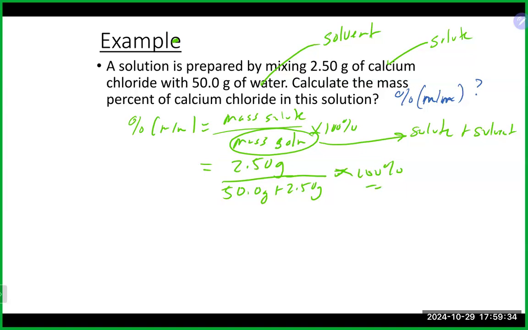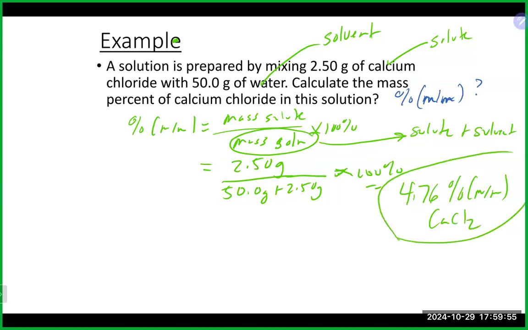So basically 52.5 we're dividing by. So 2.5 divided by 52.5 times 100% gives us 4.76% M/M, and you could put calcium chloride if you like in that particular case. Any questions on that one there?